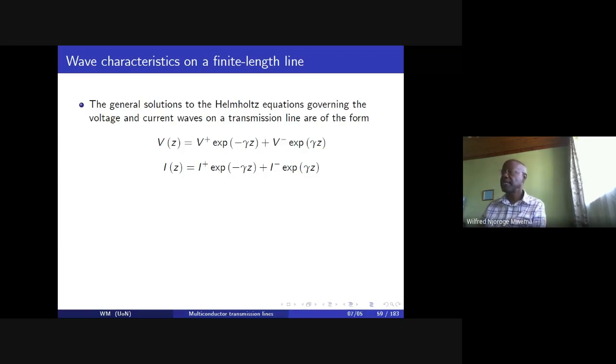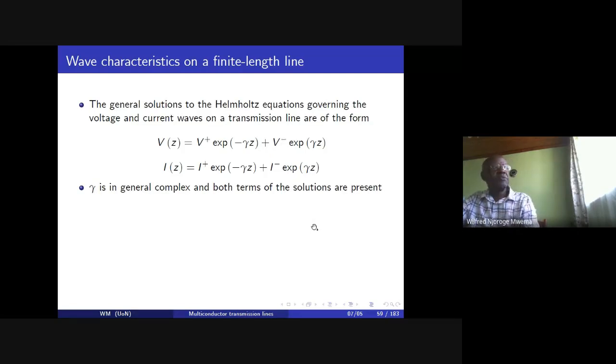And the current is going to be given by I(z) equal to I plus exponent of minus gamma z plus I minus exponent of gamma z. Now, gamma will be in general complex because the lines will rarely be lossless, and both terms of the solutions must be present in the solution.